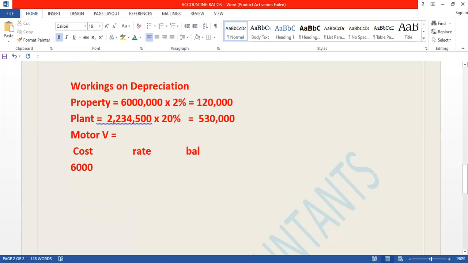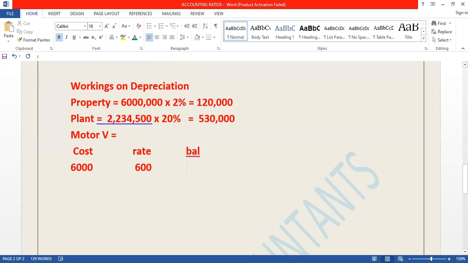So if we are to depreciate this at 2%, what is 2% of 6,000? Or let's use 10% to make our work faster. What is 10% of 6,000? That will give us 600. Now, let's deduct from 6,000.